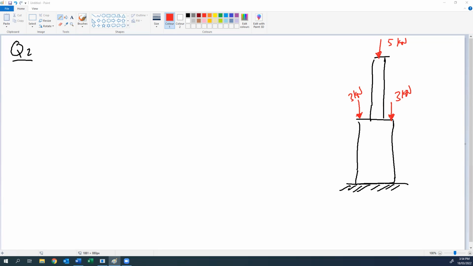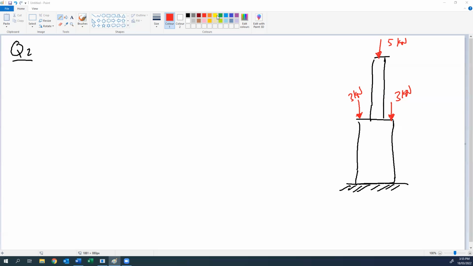I will just continue drawing the example.